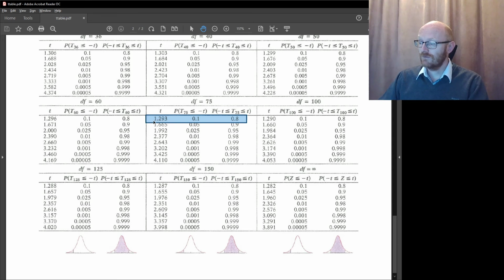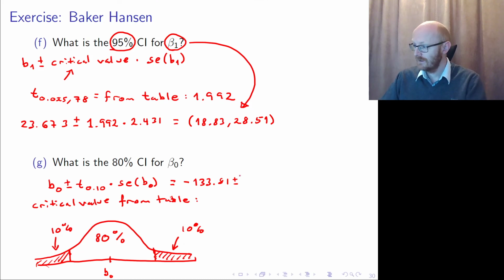If this is okay for us, then we have to go 1.293 standard errors away from our B naught, right?